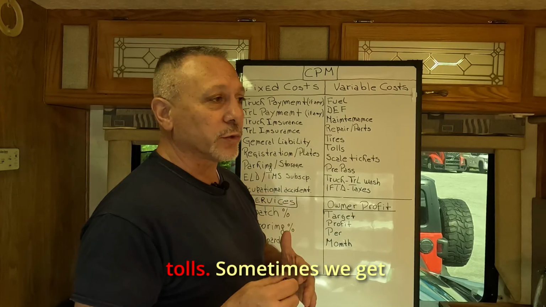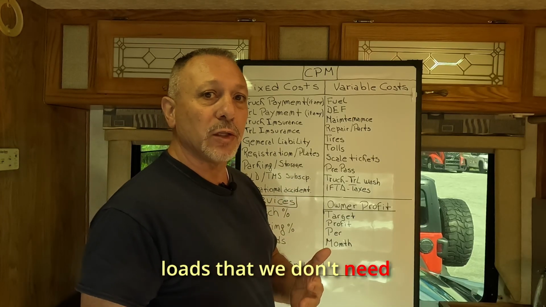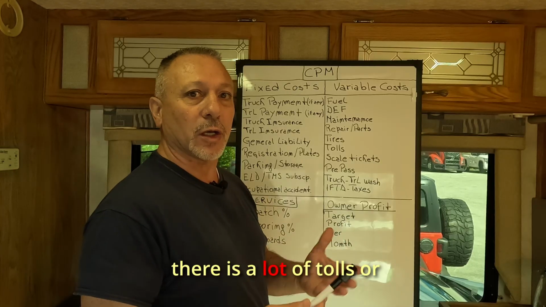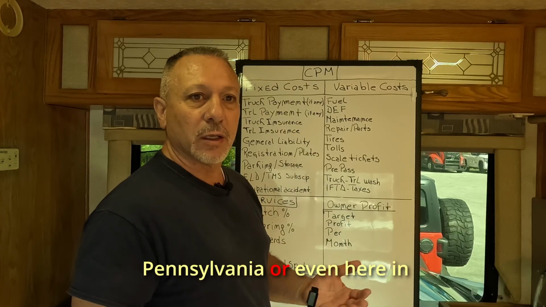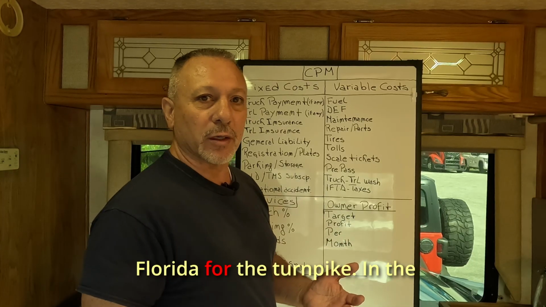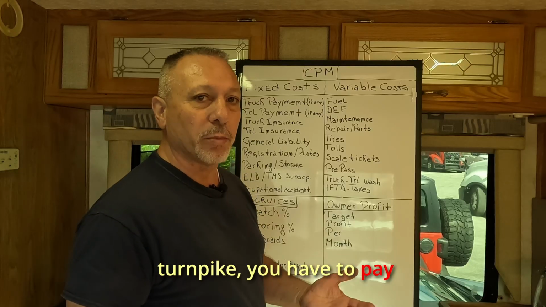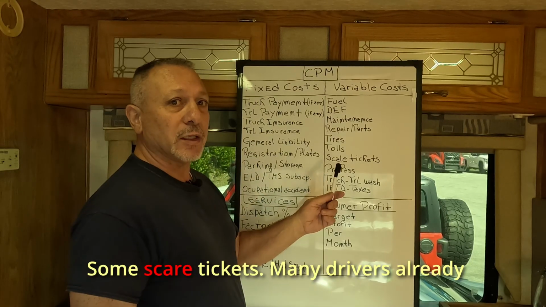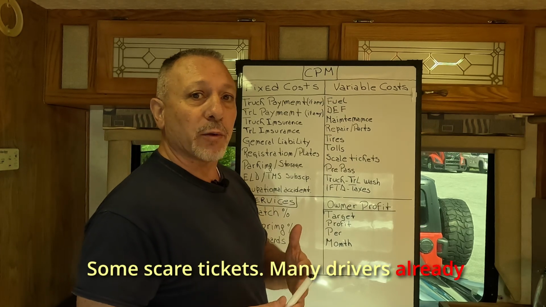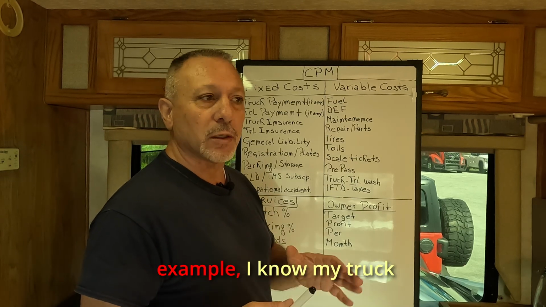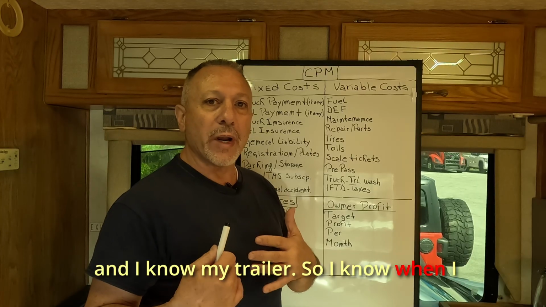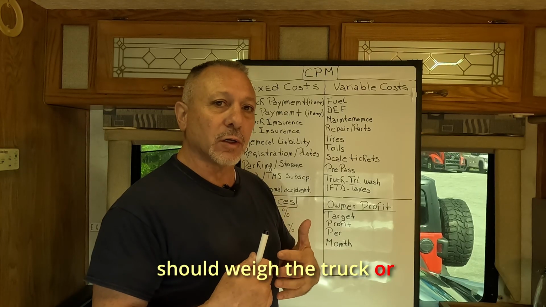So that has to be in the CPM. Tires, tolls. Sometimes we get loads where we don't need to go across tolls, but in Illinois there are a lot of tolls, or Pennsylvania, or even here in Florida, the turnpike. In the turnpike you have to pay tolls. Or Texas, which is expensive. Some scale tickets; many drivers already know their own trucks. For example, I know my truck and I know my trailer, so I know when I should weigh the truck or not.